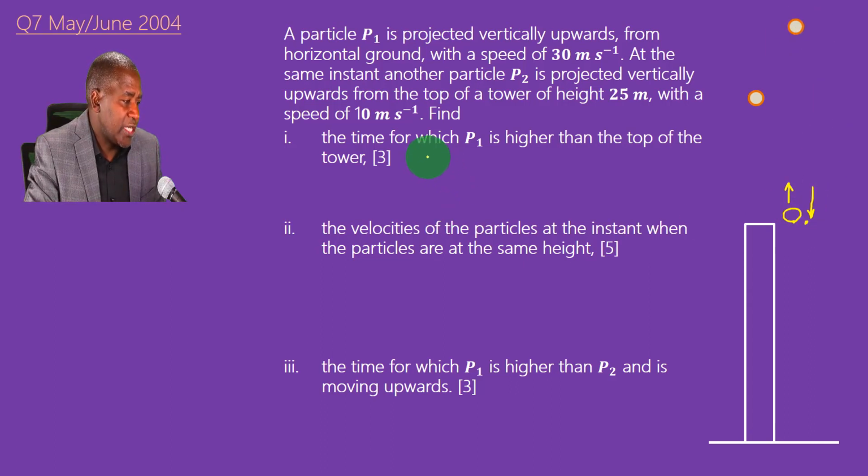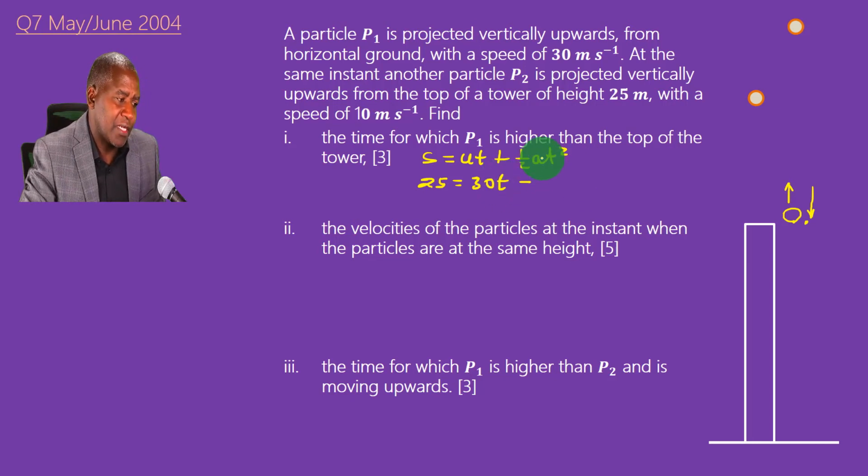So this question is simply worked out by using s = ut + (1/2)at². The displacement of the particle in both cases is 25. u is 30, of course, t.